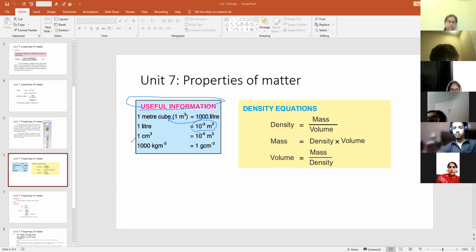Similarly, all of you know that 1 centimeter cube is equal to 10 raised to power minus 6 meter cube. How? We have discussed in the previous chapters that 1 centimeter is equal to 10 raised to power minus 2 meter, right? This is the basic relation.